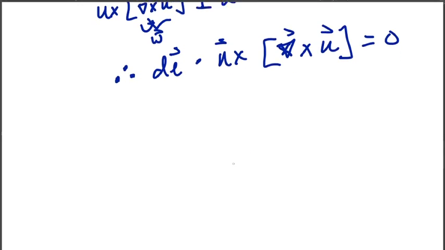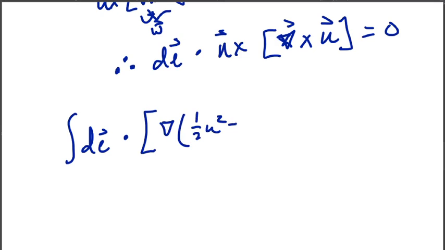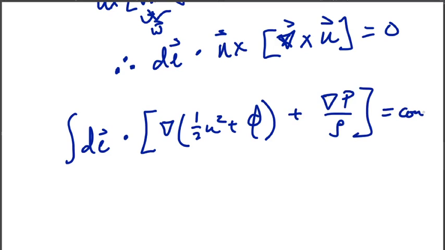So rewriting our path integral now, we've got the integral of dl dotted with parentheses gradient of 1/2 u squared plus phi, plus the gradient of p over rho. This is all equal to a constant. And this part is easy to evaluate. This is an exact differential. So these integrate, and that just kills the integral, kills the grad symbol.